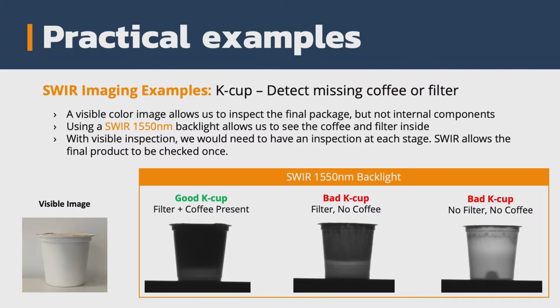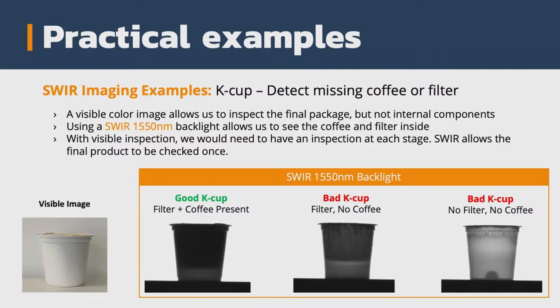So if we now light these with a SWIR 1550 nanometer backlight, as you see in the 3 images contained in the label there, and we look at a good K-cup, there is both coffee in the top and a filter in the bottom of the K-cup, and both things must be present in order for it to work properly.